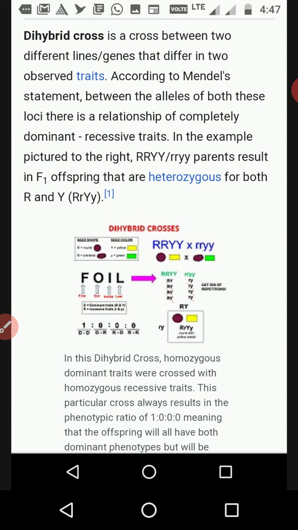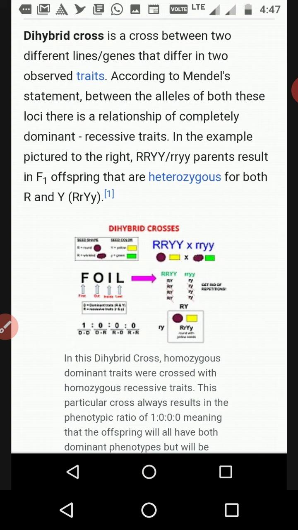And another different parent character is there, small r and small y. The second parent has small r, which means wrinkle seed. Wrinkle seed means shrunken seed, in Hindi सिकुड़े हुए बीज.